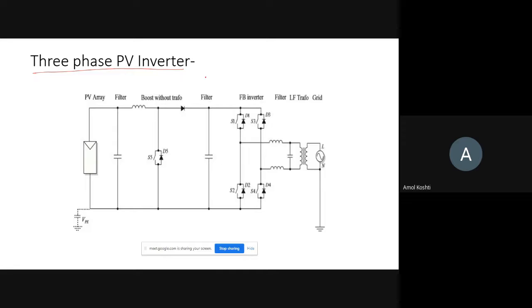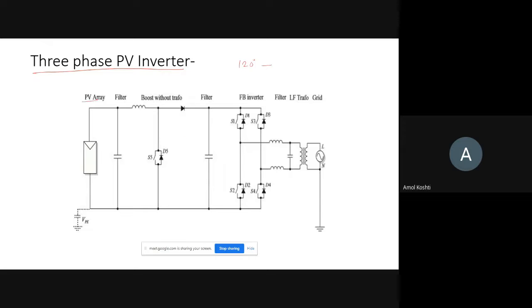We take three such multi-level outputs, differentiated by a 120-degree phase difference, and that will be treated as a three-phase PV inverter. For understanding, the simple single phase is represented here. We have to take three such systems together, and we can call this a three-phase PV inverter.